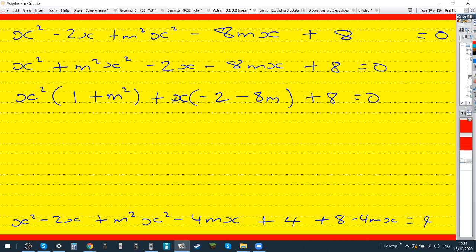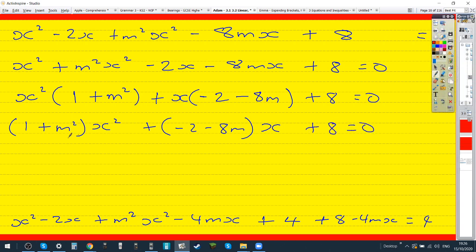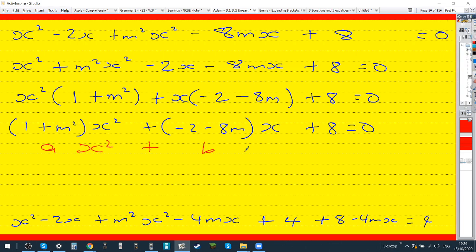I just moved it to the outside, so I just wrote it in a different way, in factorized form. There's a reason for that. If I swap these around, it's 1 plus m squared x squared plus minus 2 minus 8m x plus 8 equals 0. And so now it's in the form of ax squared plus bx plus c. And that's because m is just a number.